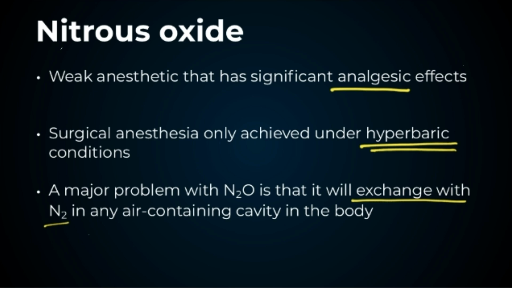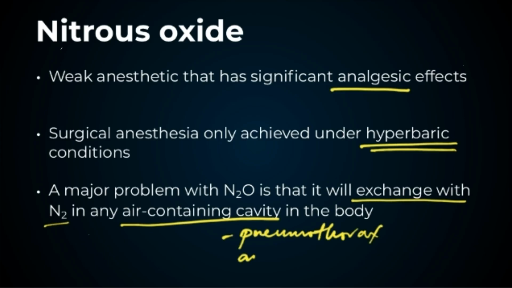This increases the volume or pressure in the cavity that it escaped from. For example, a patient has a pneumothorax or an obstruction in the middle ear, or an air embolus, or a loop of bowel that is obstructed, or even intracranial air. These are examples of air collections that can be expanded by nitrous oxide.